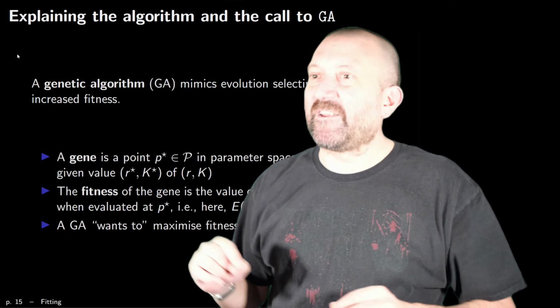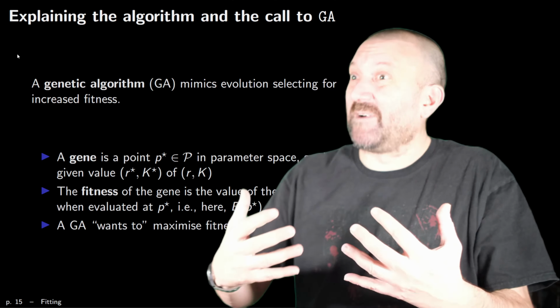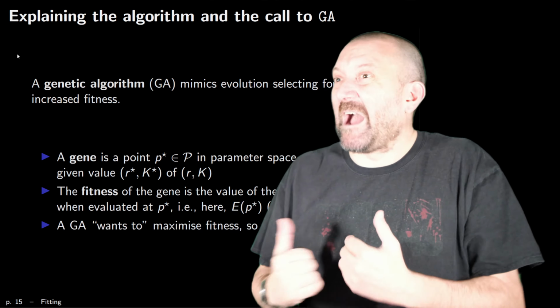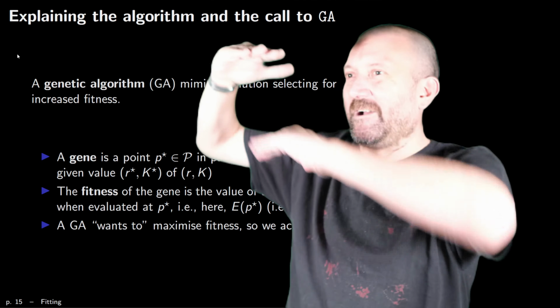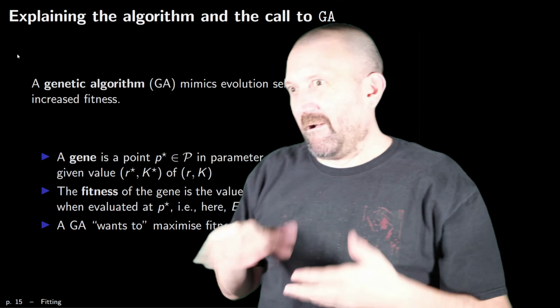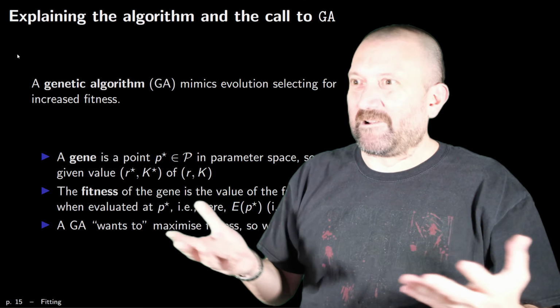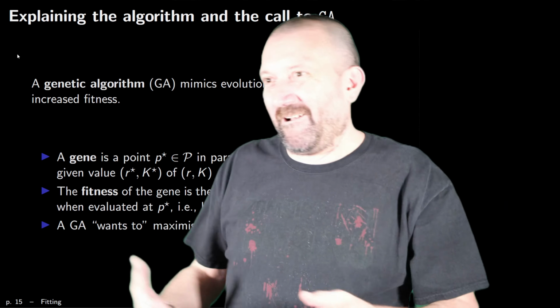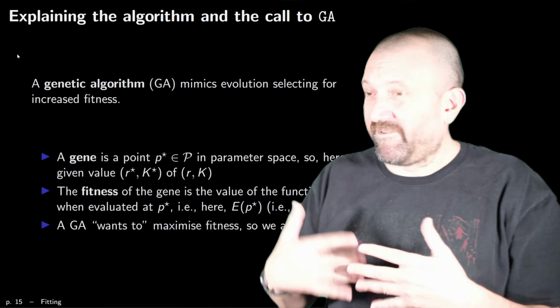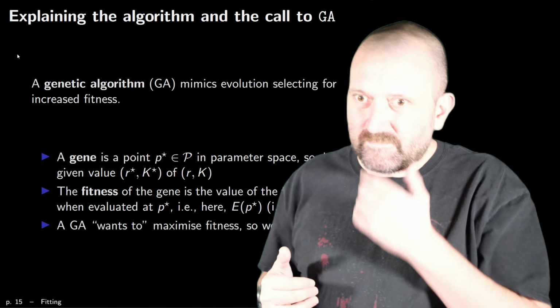I'm doing this because I want to maximize this negative number, to get as close as possible to zero coming from negative values. This is just a little trick: to minimize when you're using a maximizer, you just flip the sign.